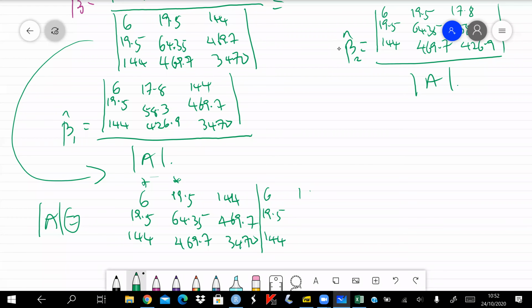In the second column, 19.5, 64.35. Then we have 469.7. Okay, so you have a matrix which seems to be having 5 columns, where these 2 columns are just a duplication of the first 2 columns.